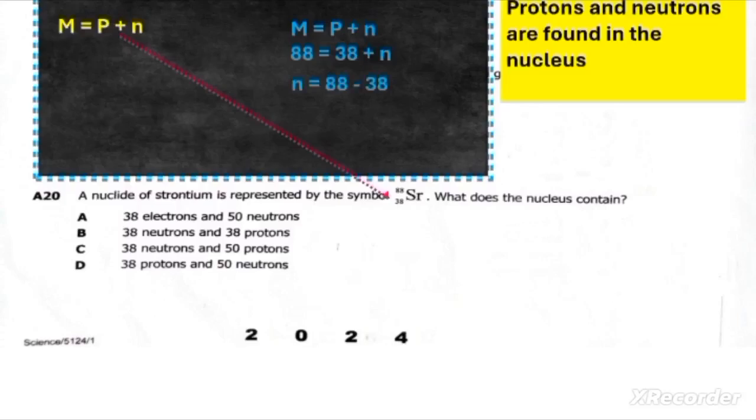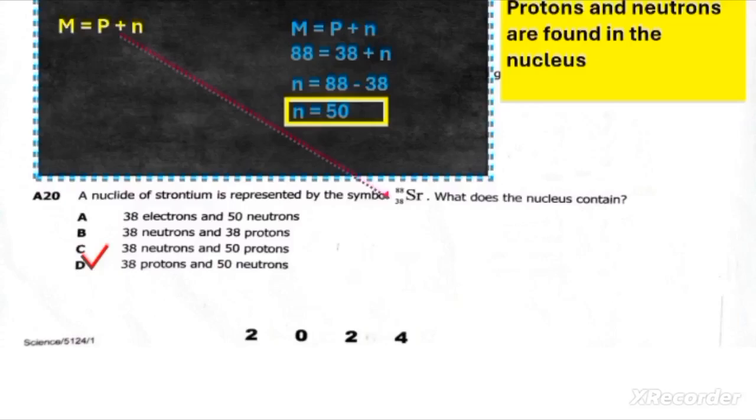Therefore, the number of neutrons is equal to 88 minus 38, and we get 50. These two are found in the nucleus, so we expect to see 38 protons and 50 neutrons in the nucleus. So our correct answer is A.